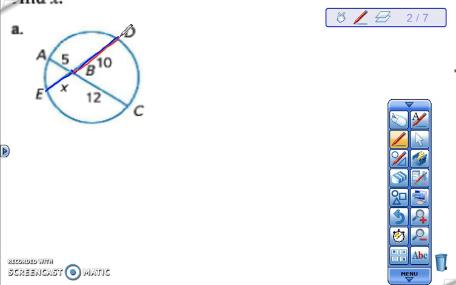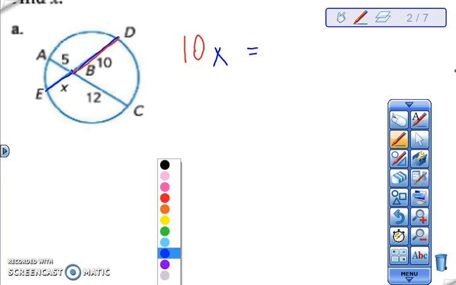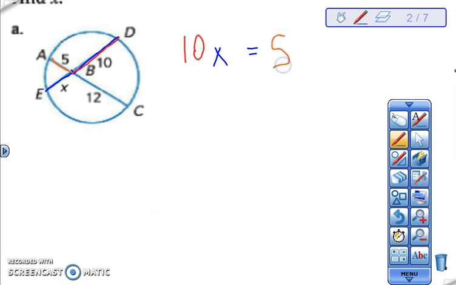So if we take and multiply 10 times x, that should be the same value as 5 times 12.